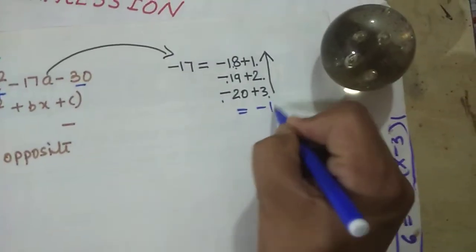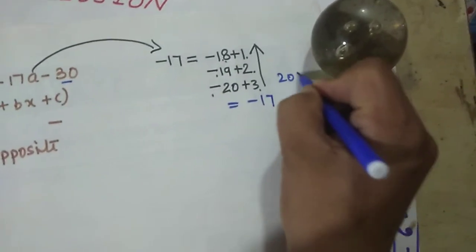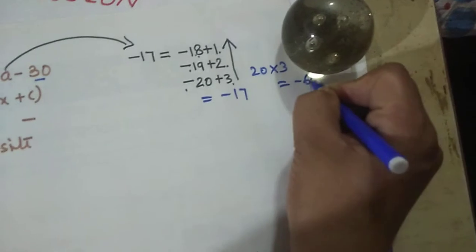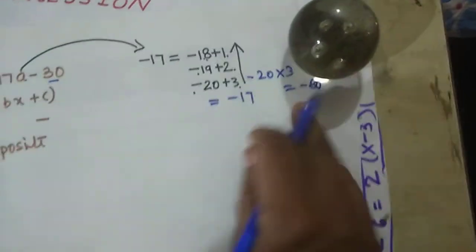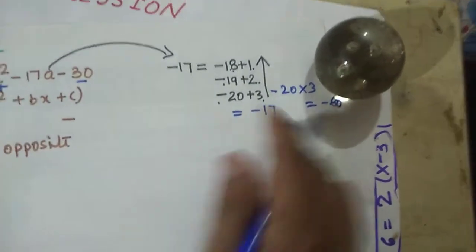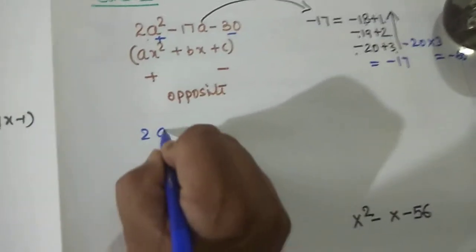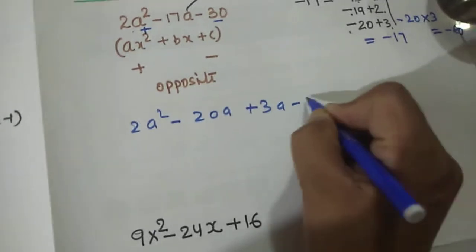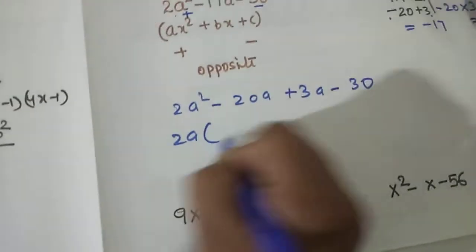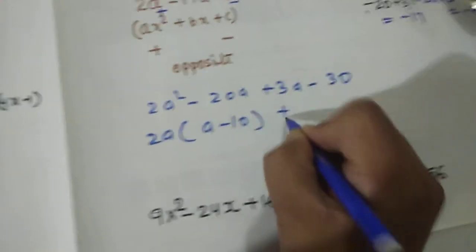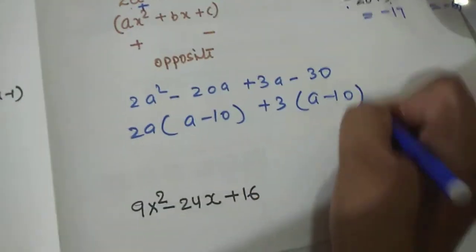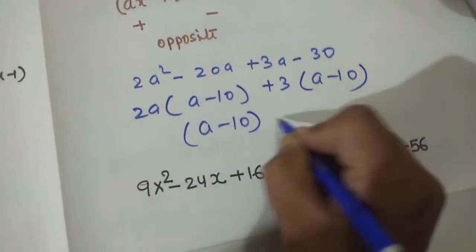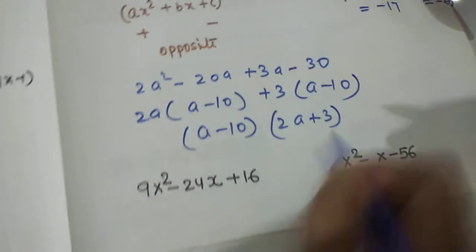This is equal to minus 17, and 20 into 3 is minus 60. So now 2a square minus 20a plus 3a minus 30. Take 2a common, a minus 10; plus 3 common, a minus 10. So a minus 10 times 2a plus 3.